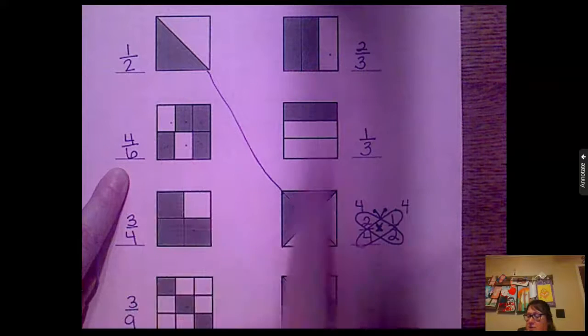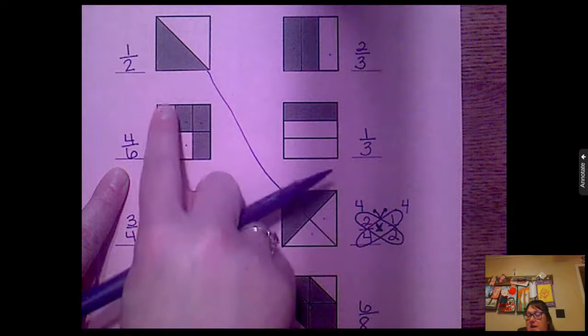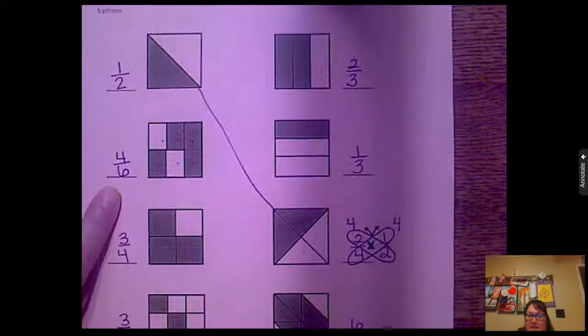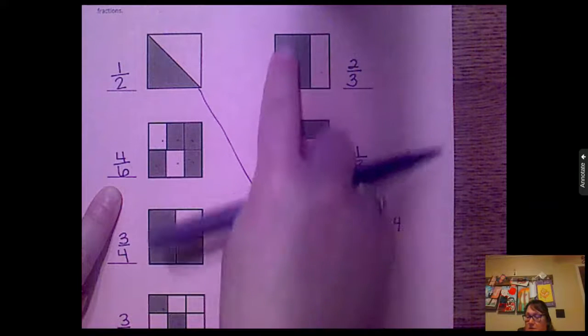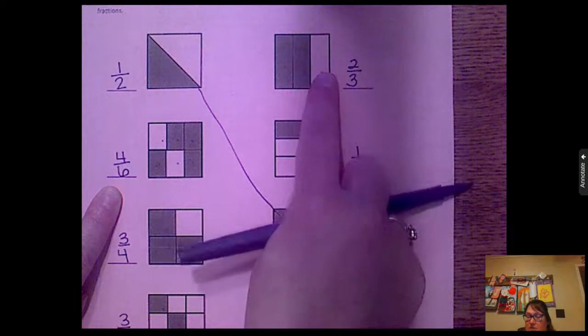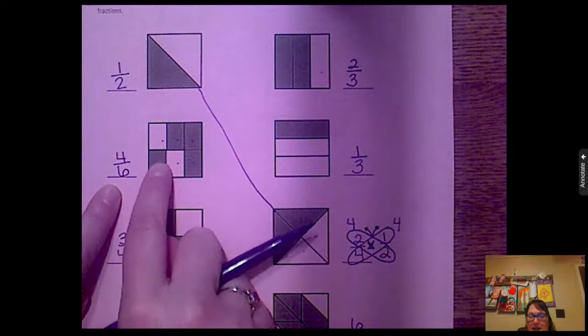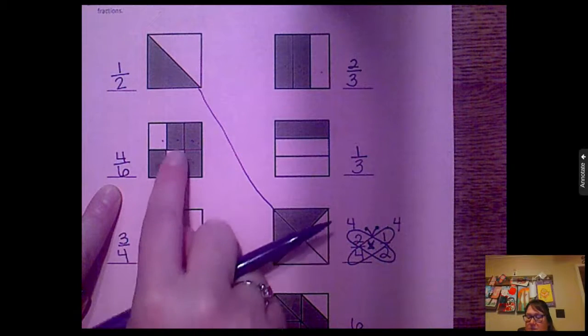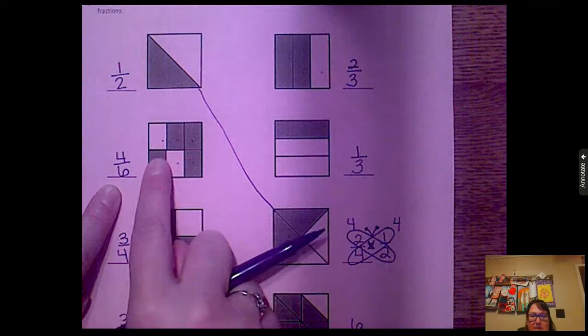Do you see another shape over here that has two columns that are completely shaded and one column that's completely pink? What about this one right there? Look, it has two columns that are shaded and one column pink. Do you see what I did here? If I were to cut this out right there and slide this piece right over there, then these two would be completely shaded and this one would be completely pink.